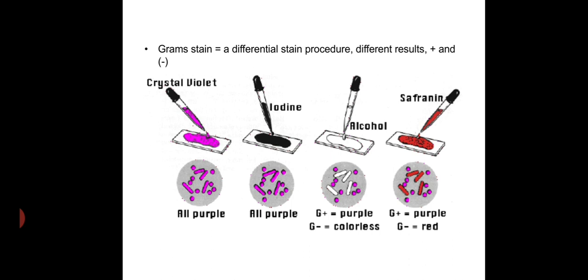In the Gram staining procedure, Gram positive bacteria retain purple color and Gram negative bacteria are colorless. Those bacteria are again stained with safranin. Gram positive bacteria again stay purple, but the colorless Gram negative bacteria retain the red color from the safranin stain. So this is the Gram staining procedure.